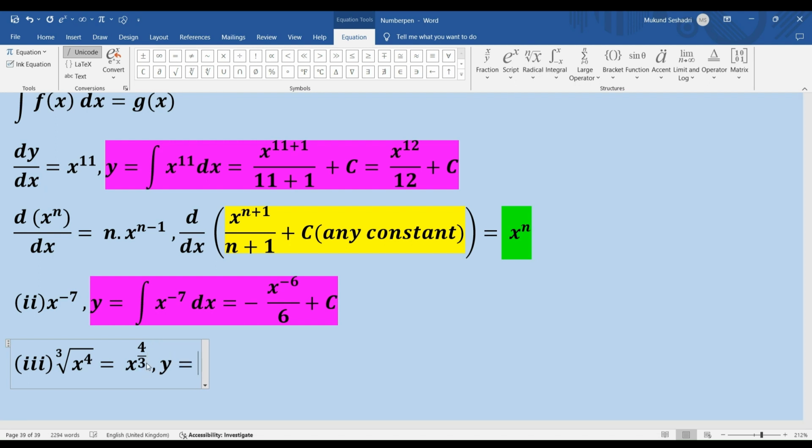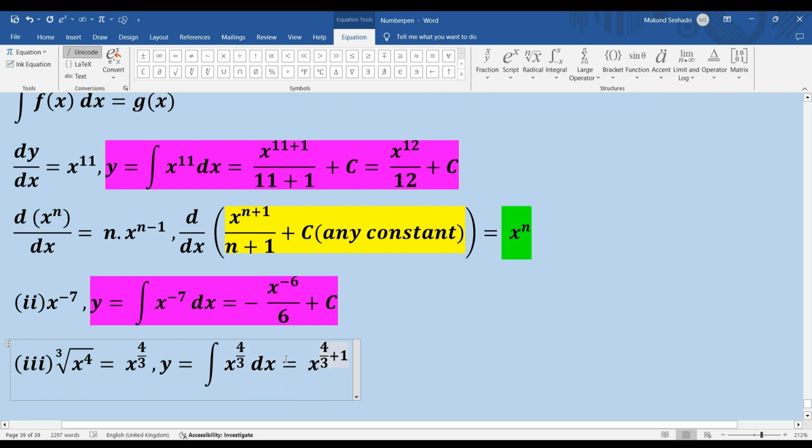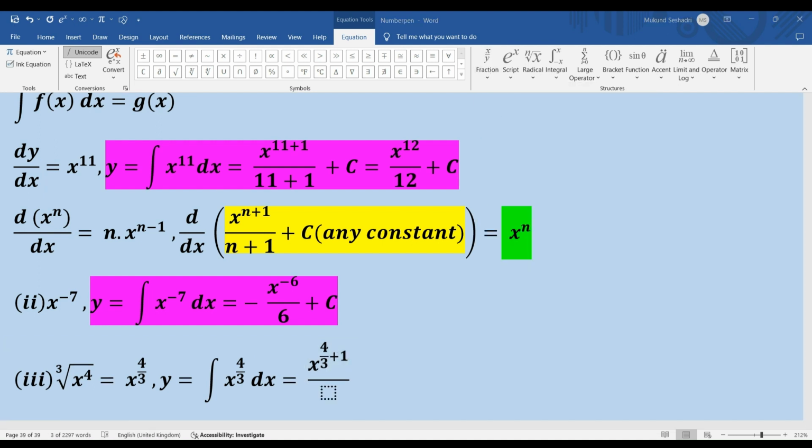My y equals the integral of x to the power 4 by 3 times dx, and again I apply the same formula, which is x to the power 4 by 3 plus 1, whole divided by n plus 1. Again, my n is 4 by 3. I get a 4 by 3 plus 1 in my denominator as well.